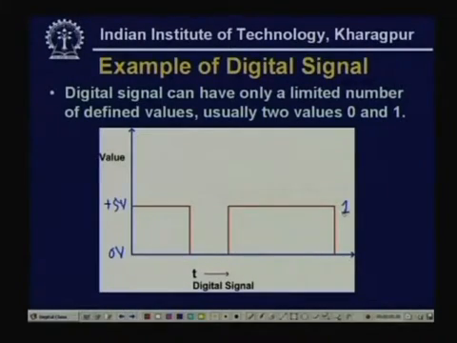So here, as you can see, the signal has two distinct values, say 1, 1, 0, 1, 1, 1 and 1. So in terms of ones and zeros, the digital data is converted. With digital data, we have only two different values.